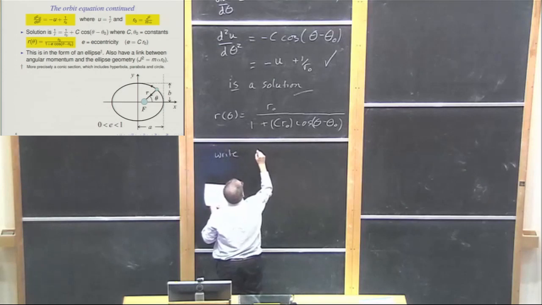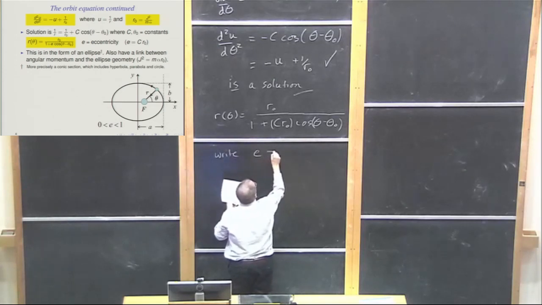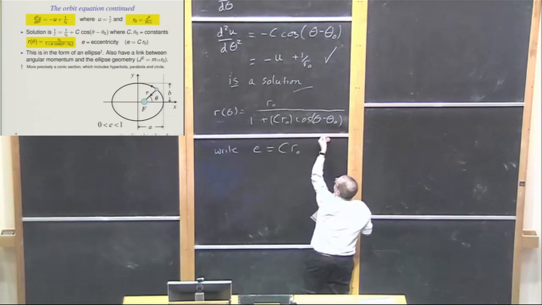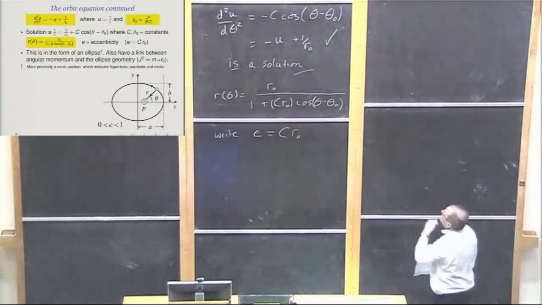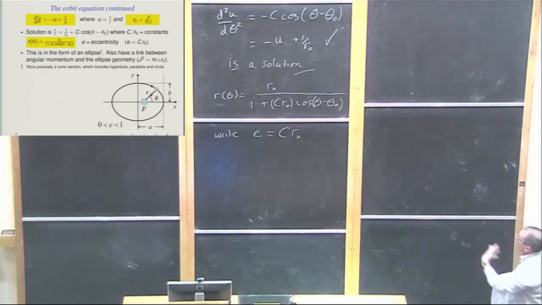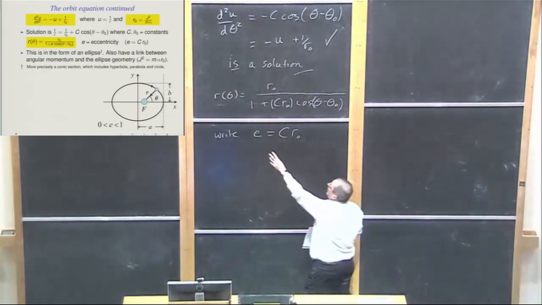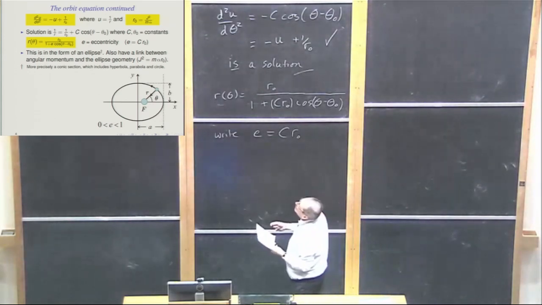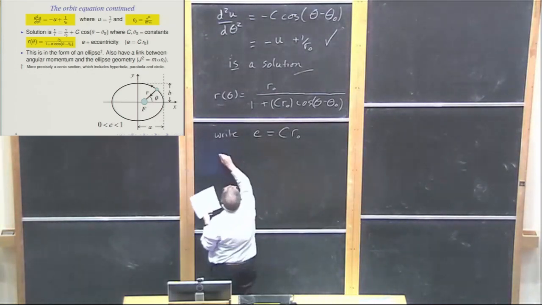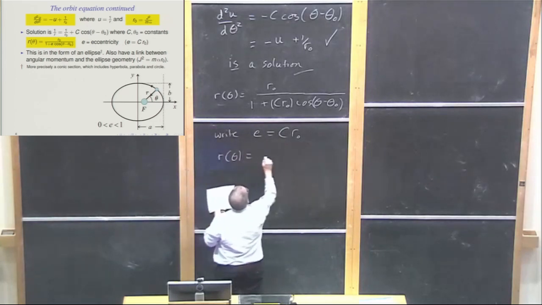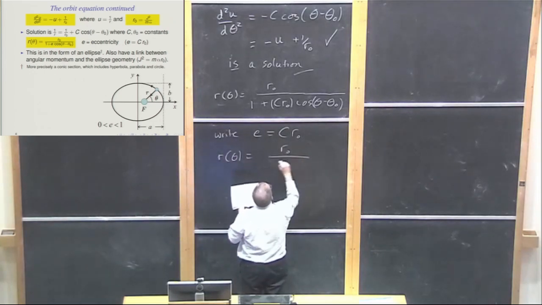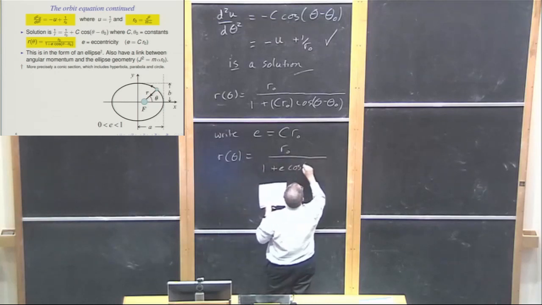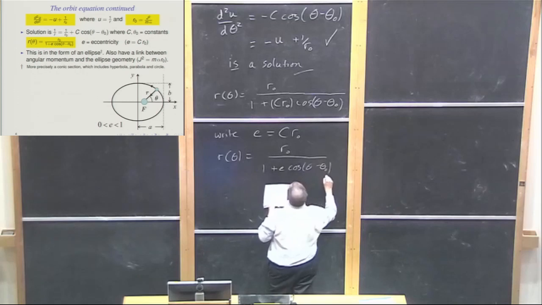Let's redefine something as e, little e equals c r0. That's a constant times something we've defined, so let's just redefine this as a new constant. I call it little e with a purpose, and we'll see that in a second. So we get r of theta equals r0 over 1 plus e cosine theta minus theta naught.